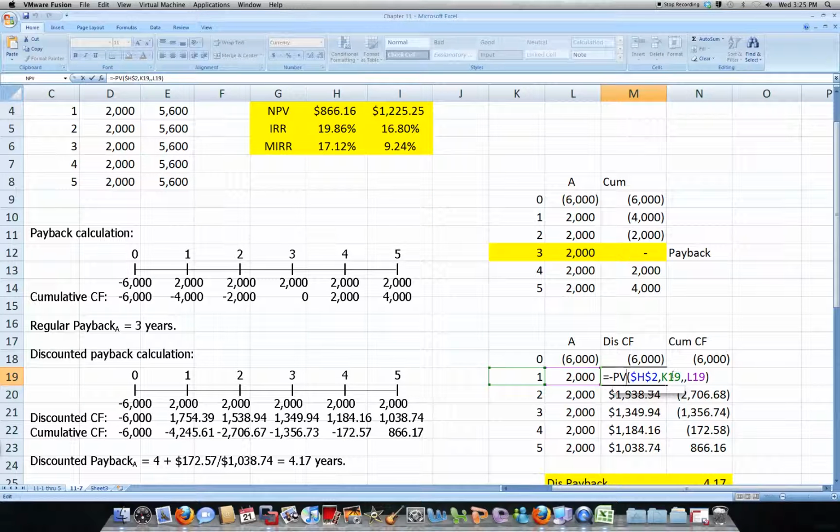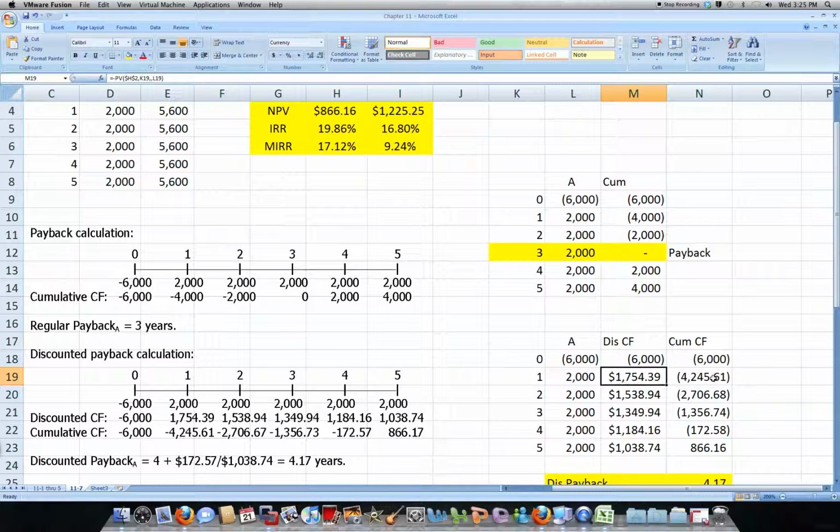Okay, K19 is our rate and then our periods, and I just put K19 as 1 because it's just one period, and our payment is 0, and our future value is this L19. And then hit enter, and that just gives us the present value of this 2,000.